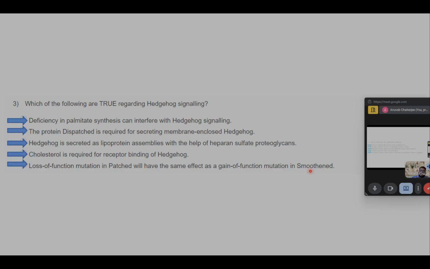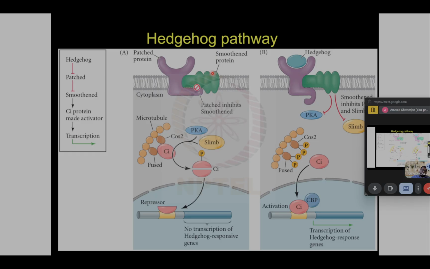So going back here, patched holds on to smoothened and causes the entire pathway to be inactive. Loss of function of patched will cause smoothened to go haywire and do whatever it wants, which is activation of the entire pathway. So that is true.